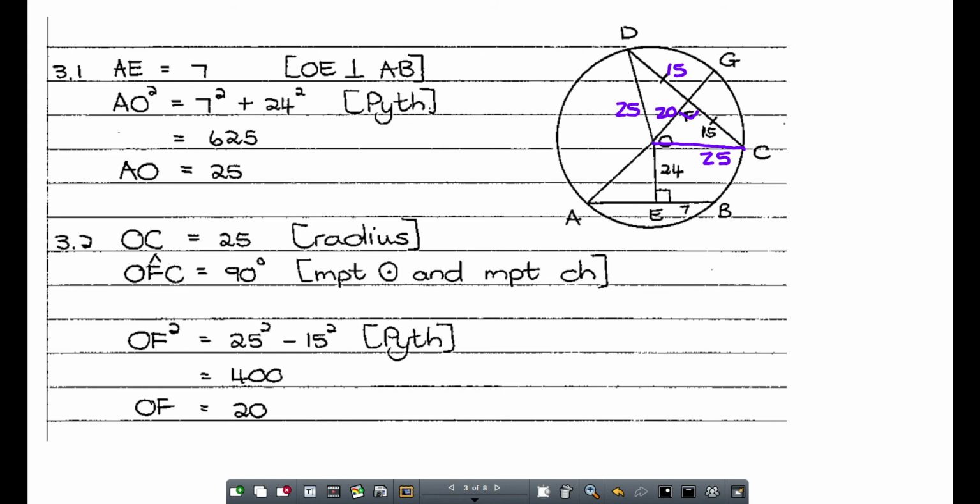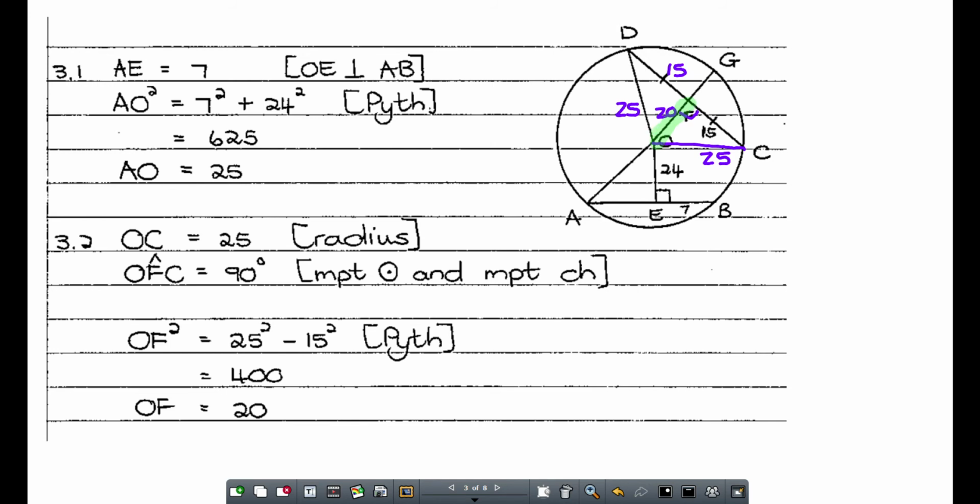Okay. Dan by 3.3. Vra hulle vir my FG. Met ander woorde, hulle soek daai klein stukkie daarso. Nee. And we know that OG, daai volle lyn, is mos radius, nee? Which is 25. And we just worked out that this small part is 20.